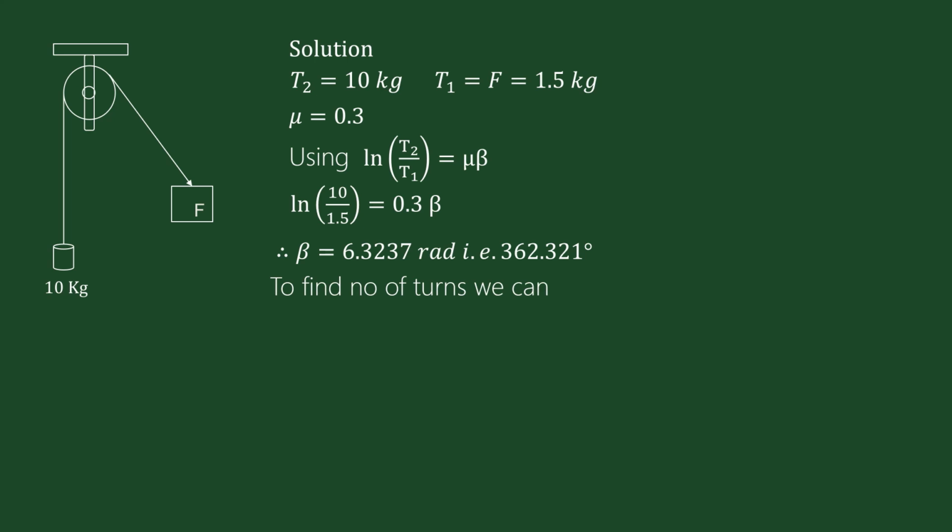So here we can say that 360 degrees is equal to 1 turn, but the total number of degrees for this example is 362.321. Simply we have to take the ratio of 362.321 upon 360. So that gives you the number of turns as 1.006.